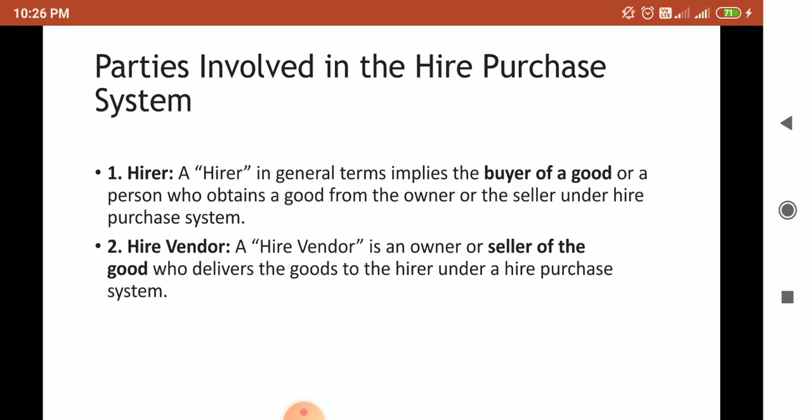Here, the buyer of goods under the hire purchase system is known as the hirer or hire purchaser.